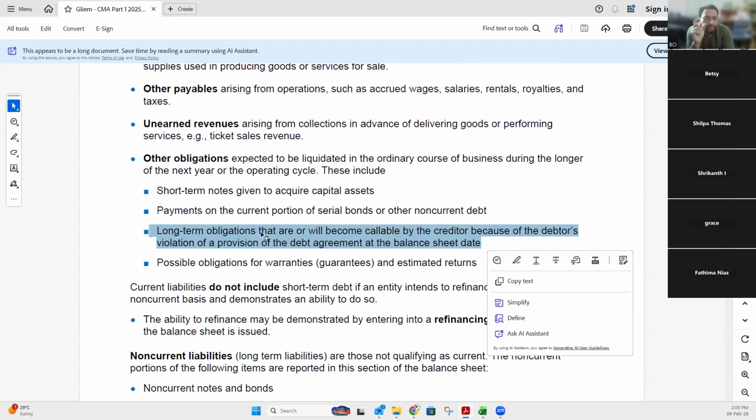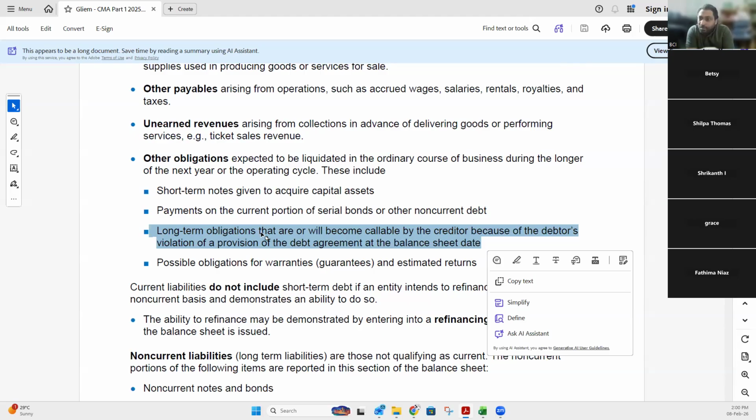But in the loan agreement, there are a few terms. For example, you should have a current asset ratio of 2:1, a quick ratio of this, you should have minimum this much inventory, this much AR, and so on. If you have violated any of these criteria, the loan agreement says that this loan will become immediately payable.